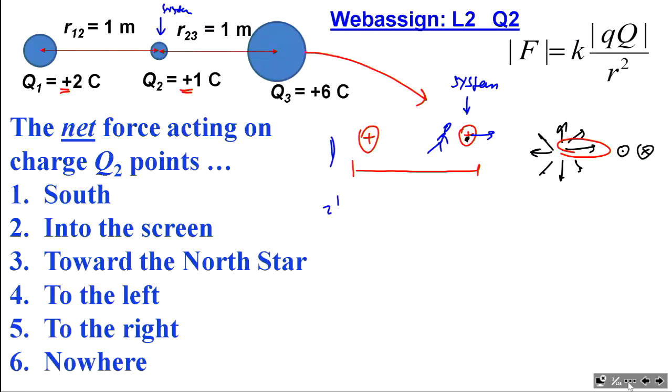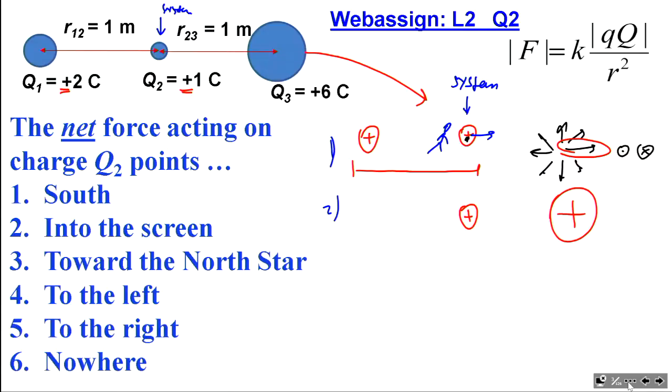Now we move on to the next part. The same middle charge, but now we have another positive charge on another side, which is actually much stronger. And now we have to draw a vector which represents the force acting on the same middle charge from the right charge. Well, there are no wrong charges, so.